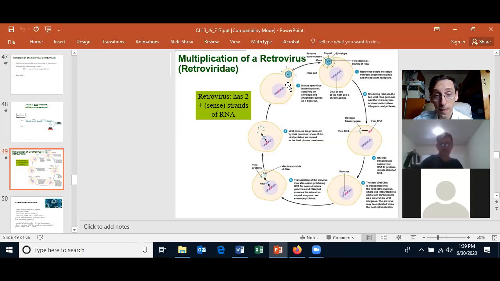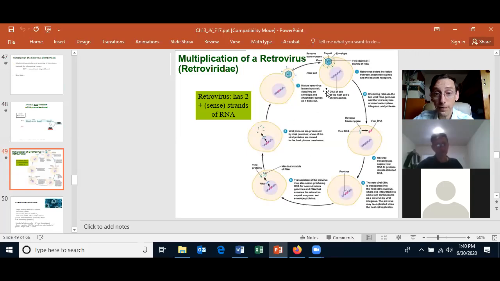And then the new virion, or naked virus, whatever you want to call it, will push up on a membrane of the cell that has glycoprotein spikes in it, and rip off a piece of the membrane, and that can be the nuclear membrane or the cell membrane or the endoplasmic reticulum, and that will become the envelope for the retrovirus.